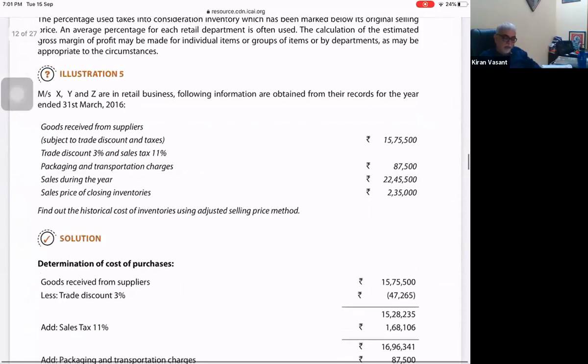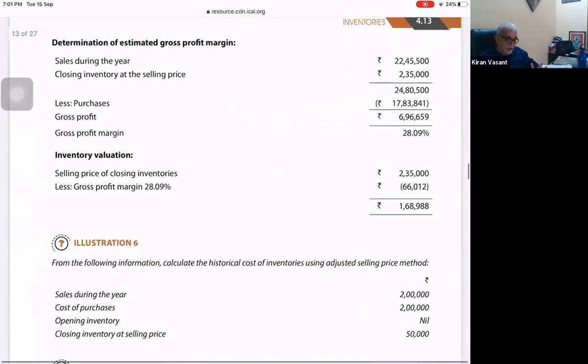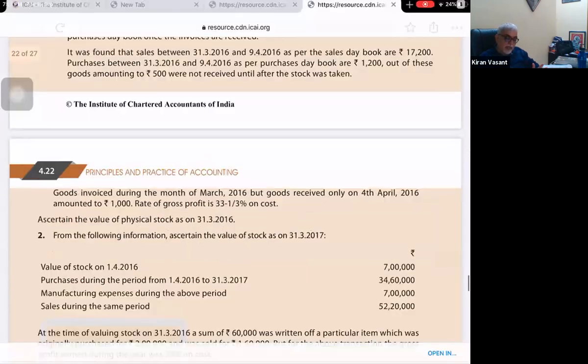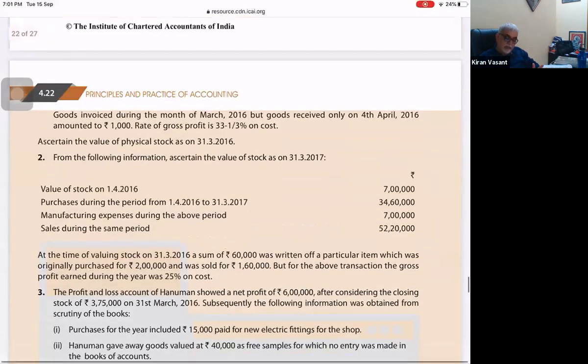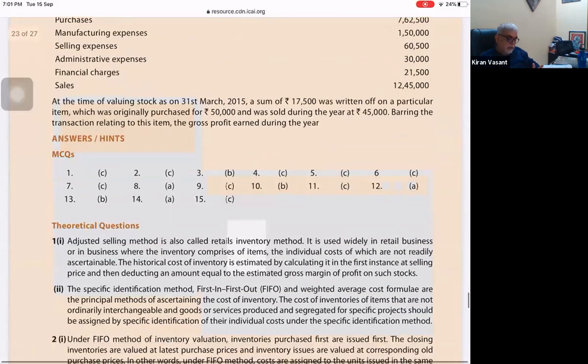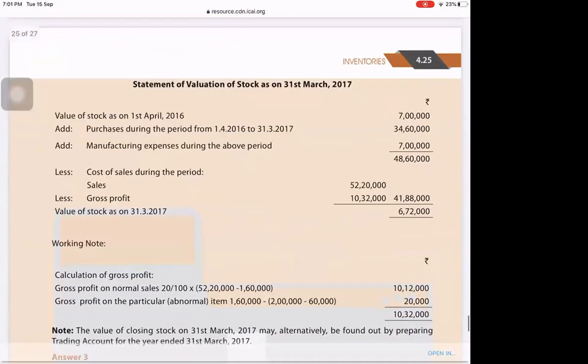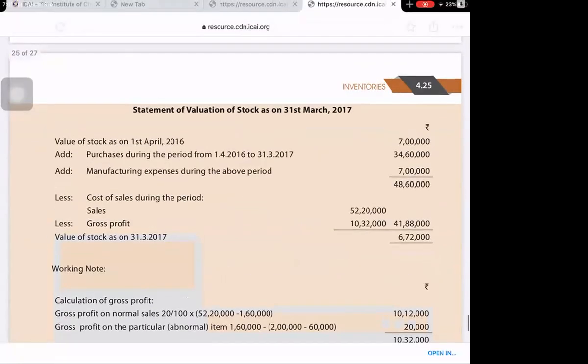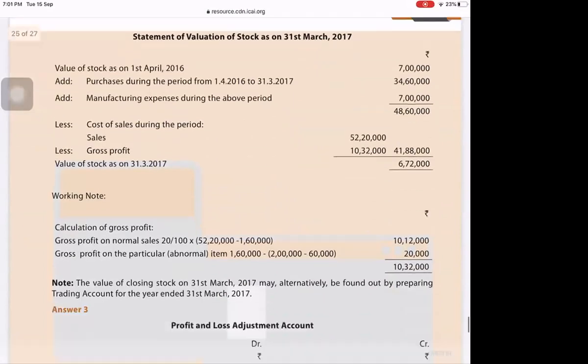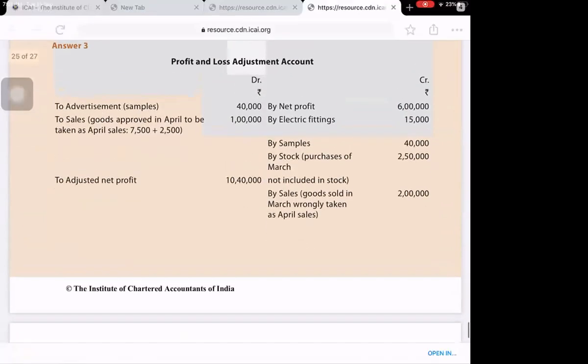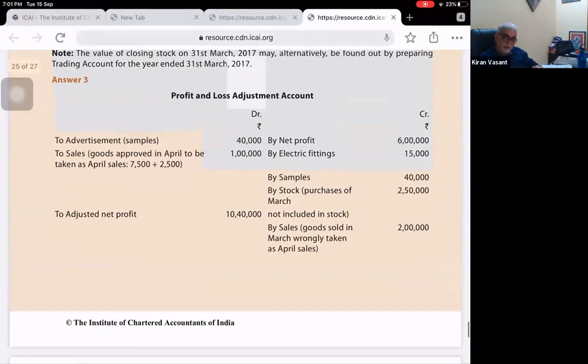Hold on, let me come to them. They cannot be totally wrong, but we will find out. 4.25. This one. The one below that, yes. That is the solution.